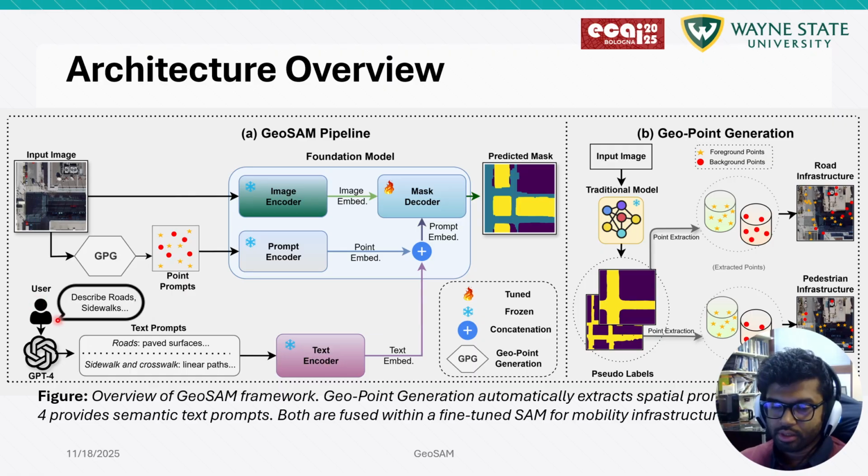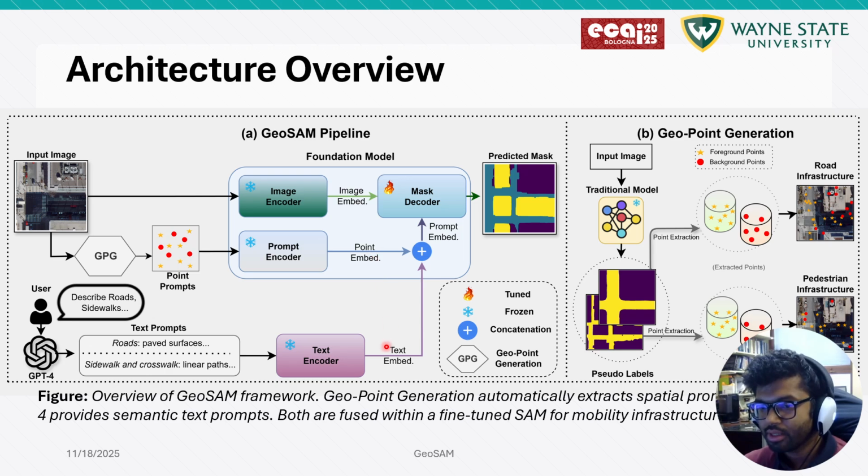We have another text prompt: whatever classes we are trying to segment, the user asks GPT, can you describe roads or sidewalks? Then GPT gives us a small description of what a road or sidewalk is. Then it goes into a text encoder, typically a normal text encoder like a CLIP encoder, and gives us text embeddings.